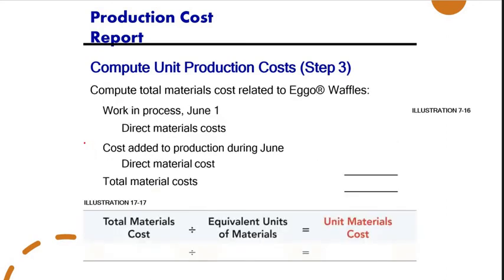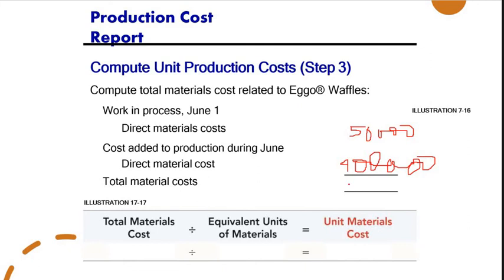So, ito is the illustration on how to compute for the total material cost dito. Okay? So, work in process June 1. Direct material cost natin, magkano? Okay? So, we have 50,000. So, the cost added to production during June, yung direct material cost niya, magkano? Let's say, 400,000.